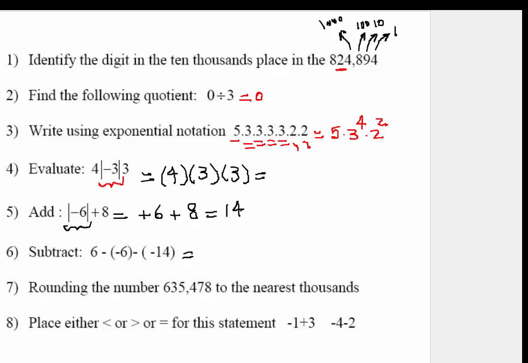When you add integers, let's take a look at the little lesson here. When I have 6 minus minus 6, when you subtract two integers, the rule is to change the subtraction to addition, and keep the first number as is, and change the second number to its opposite number.